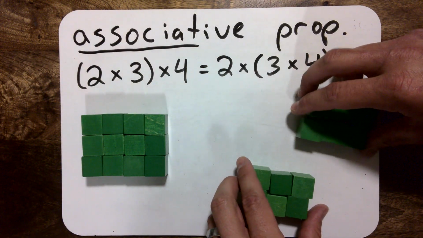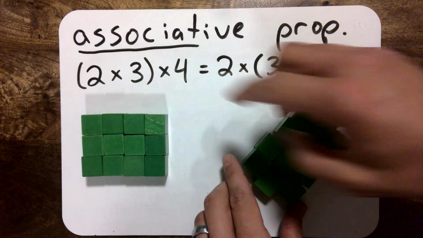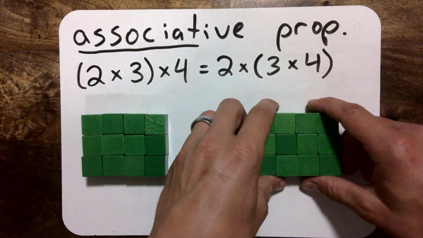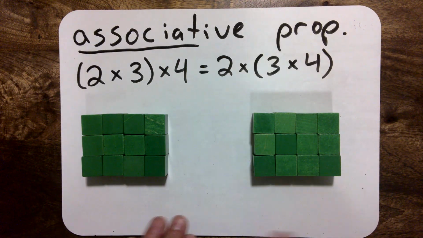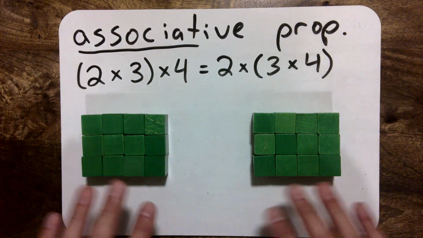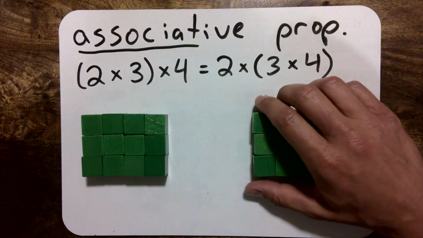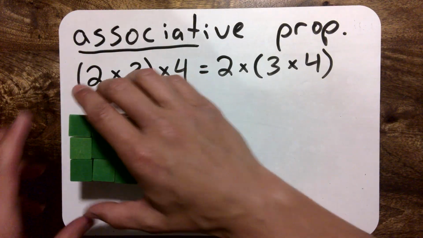So you can see how I'm just rearranging those original 4 groups of the 2 by 3 models. Okay, so now I have 2 groups of that 3 by 4 area model. And again, we can see that they're equal because all 24 of those square units stayed in our model. We didn't add anything to it, we didn't take anything away. Okay. And so that's one concrete model.